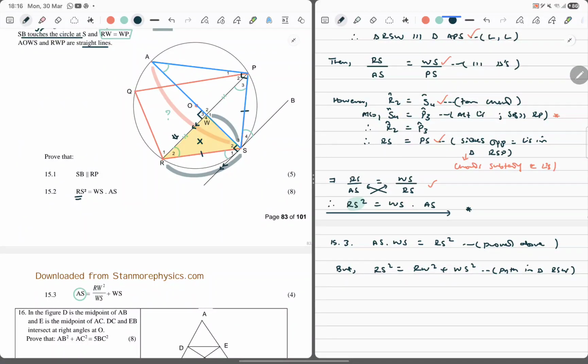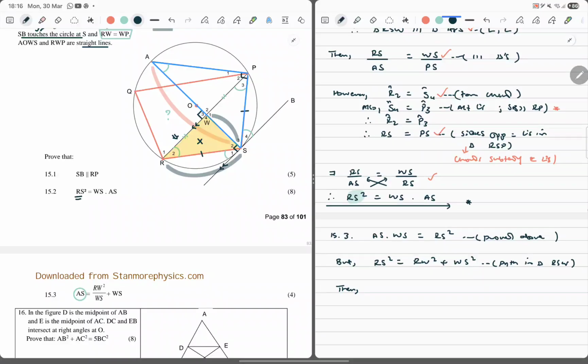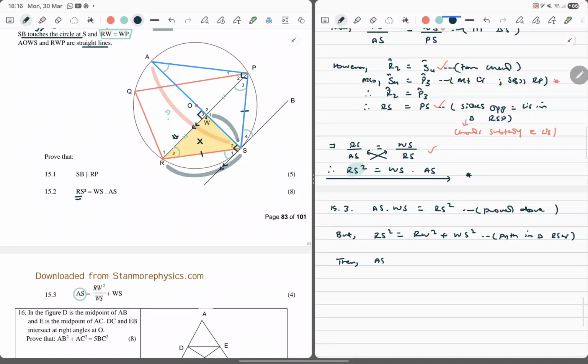It's a right angled triangle. So then we know that AS times WS is equal to RS squared, which implies that AS times WS is going to be RW squared plus WS squared.